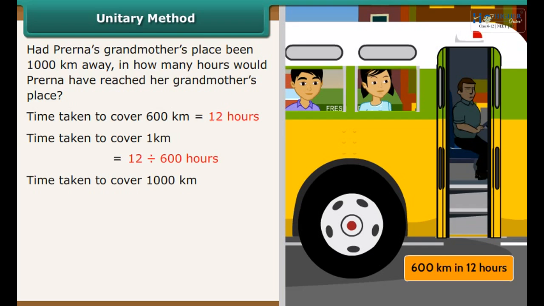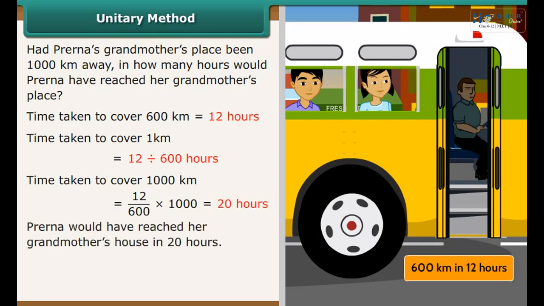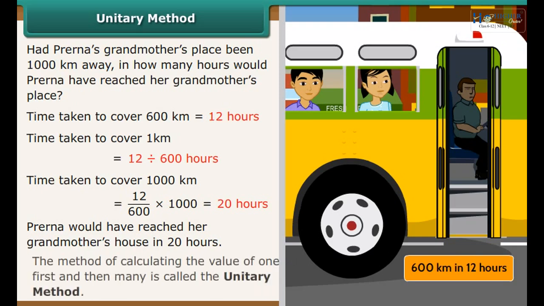Time taken to cover 1,000 kilometers is equal to 12 upon 600 into 1000, which equals 20 hours. Prerna would have reached her grandmother's house in 20 hours. The method of calculating the value of one first and then many is called the unitary method.